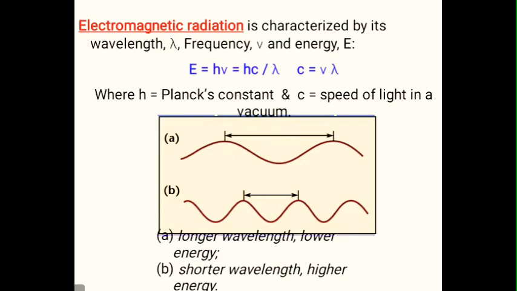So, c is equal to V lambda, where h is Planck's constant and c is the speed of light in a vacuum. You can see on the screen how the waves circulate. A, longer wavelength, lower energy. B, shorter wavelength, higher energy. So, the peaks of the wave indicate the energy range.